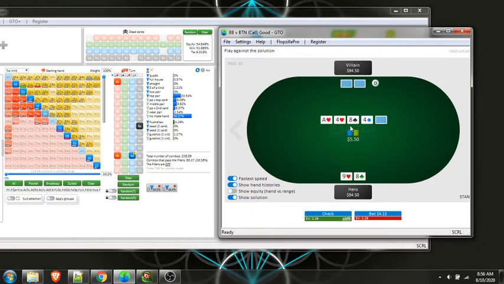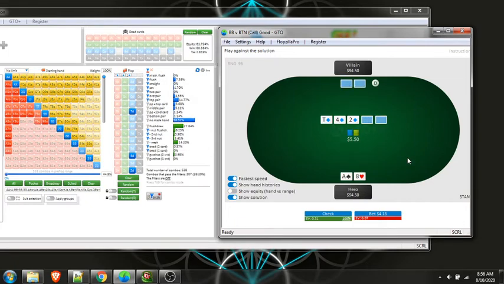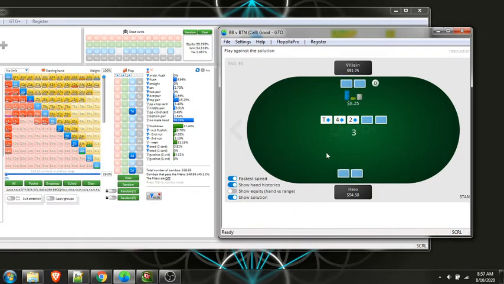Equity here, with no more hearts, probably, the board paired, so probably around 50%. 60. Check raise, no. Probably still around 60. Check call. Not looking good here. 40%. I would fold.